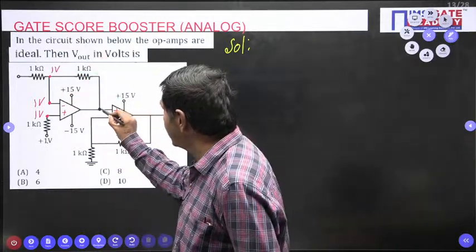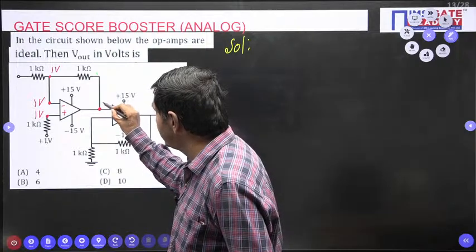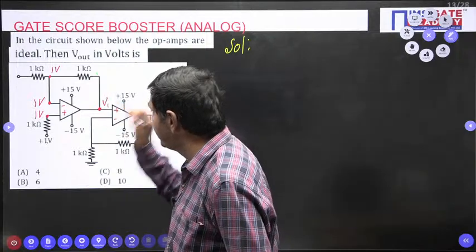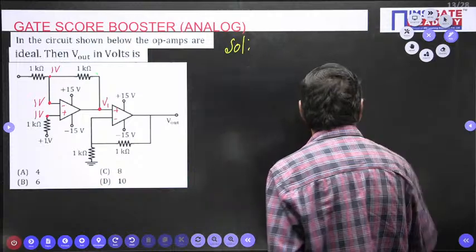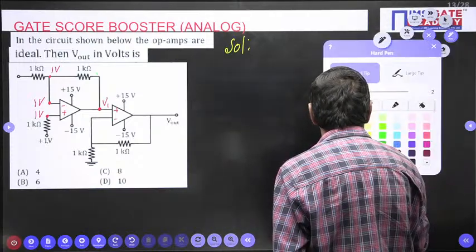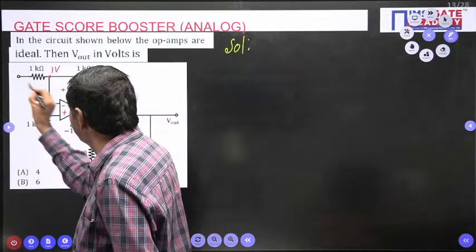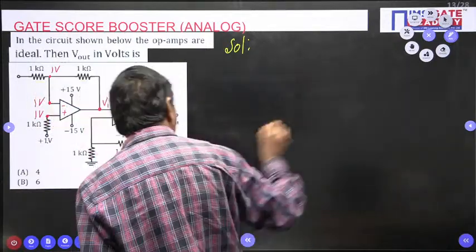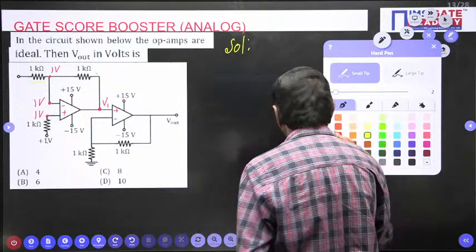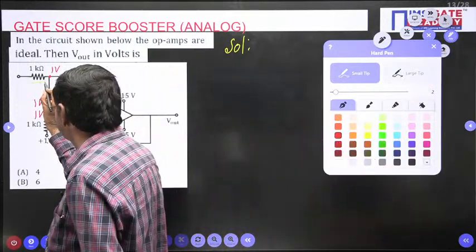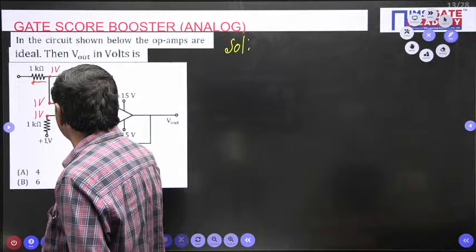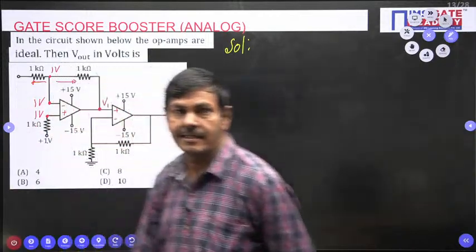But I wish to find initially this voltage Vx or V1. By using nodal analysis I can find V1. Nodal means away from the node you put the direction. Away from the node I will put the directions. This current plus this current equal to 0, I can write clearly.